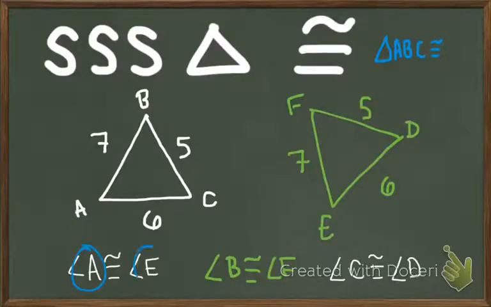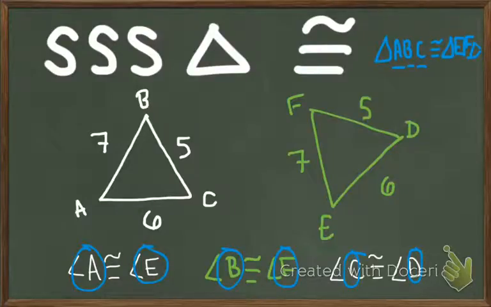A is congruent to angle E. So my first letter was A here, so my first letter has to be E here. My second letter is B. B is congruent to F. And then my third letter is C. C is congruent to D. So we're saying triangle ABC is congruent to triangle EFD.